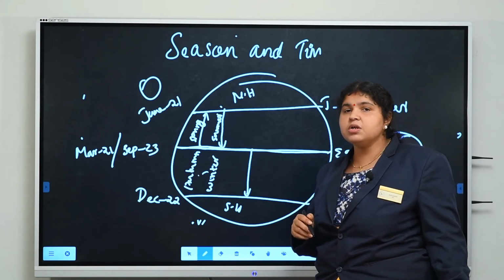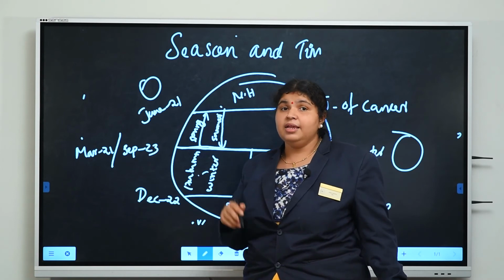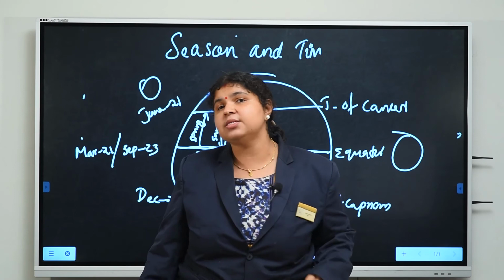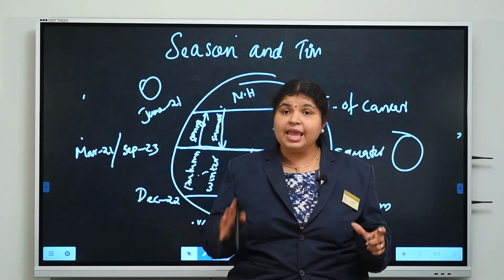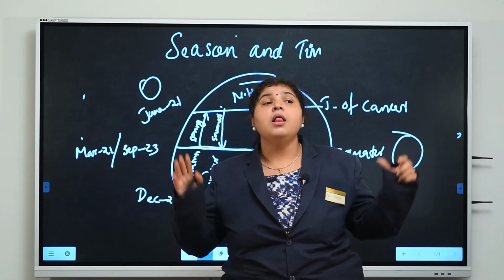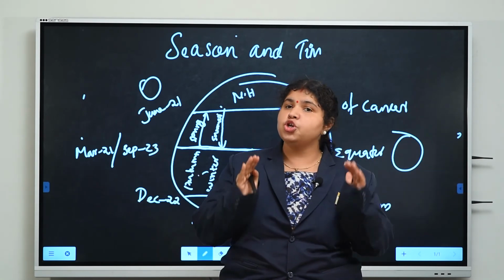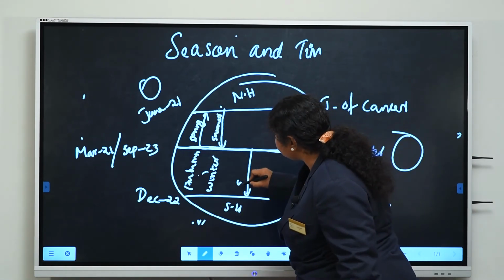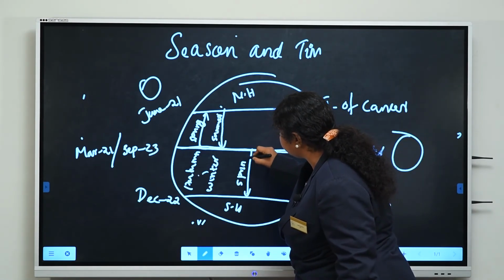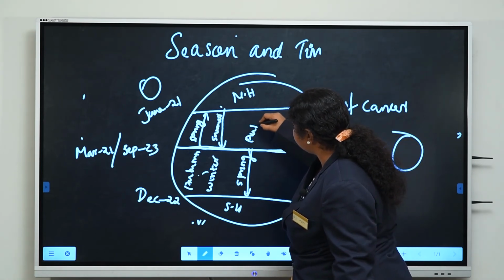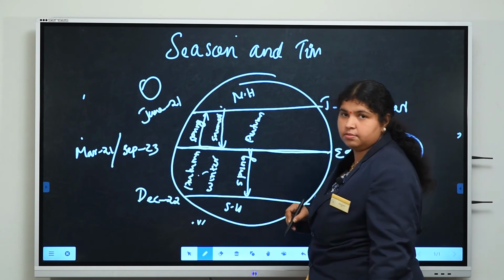Okay, winter solstice, during that day it is the longest day in the southern hemisphere and the shortest night. Okay, the same day the northern hemisphere experiences the longest night and shortest day. During the journey it is spring in the southern hemisphere and it is autumn in the northern hemisphere.